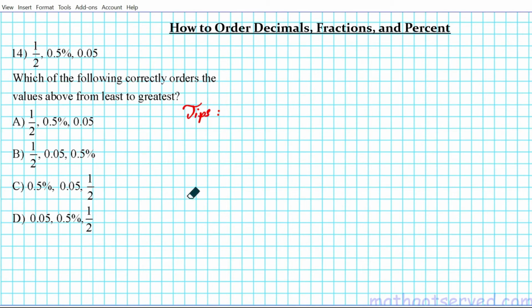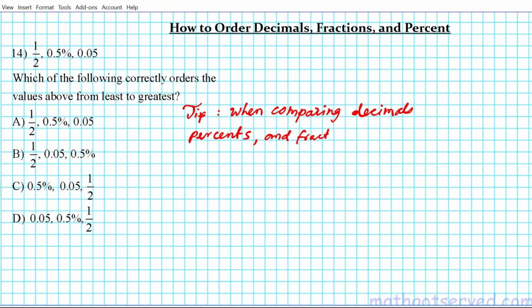All right, so one tip you want to keep in mind for comparing decimals, fractions, and percents is as follows. So the tip is, when comparing decimals, percents and fractions, this is what you want to do.